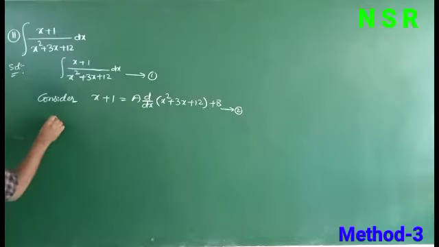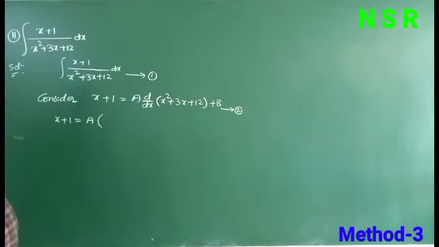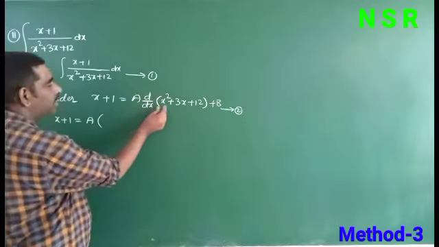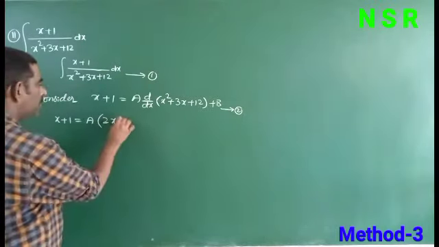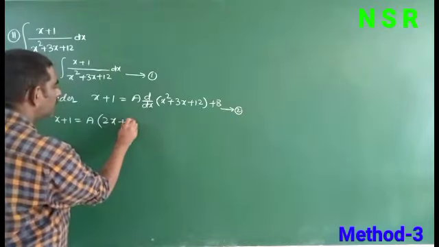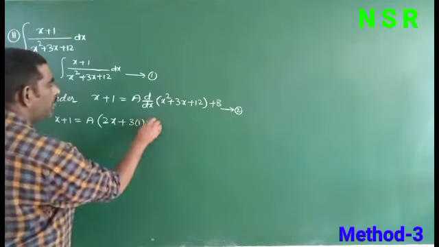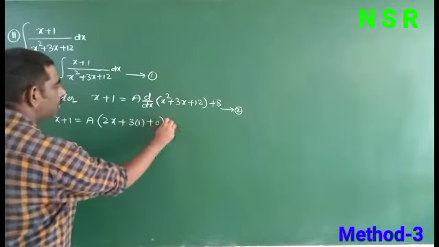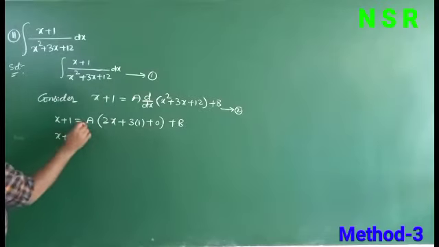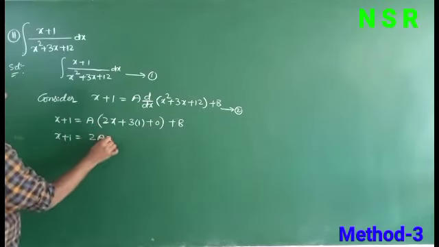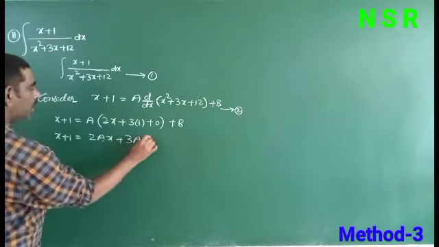Now simplify this equation. x + 1 = a · (d/dx of x² is 2x, plus 3 · d/dx of x is 1, plus d/dx of 12 is 0) + b.